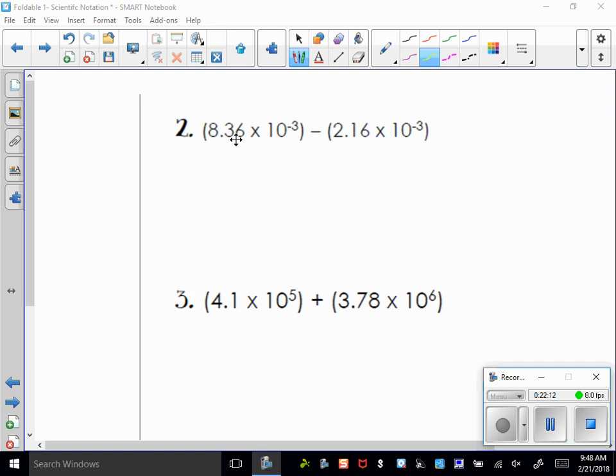You should have this one, 8.36 times 10 to the negative 3rd minus, and again, type it in exactly like you see it. And then I'm going to ask someone for the answer in a second. Okay, so right above numbers 8 and 9, you should see the open and close parentheses.